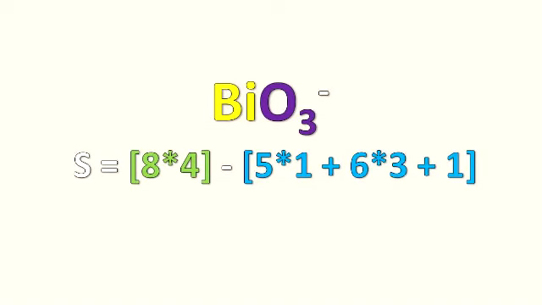And then, of course, we include the charge of the bismuthate. Bismuthate has a charge of -1, so we put in +1 because of the charge, to get the total number of electrons available.